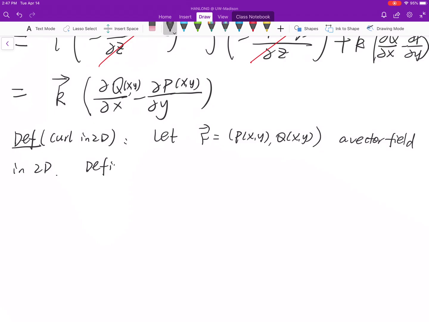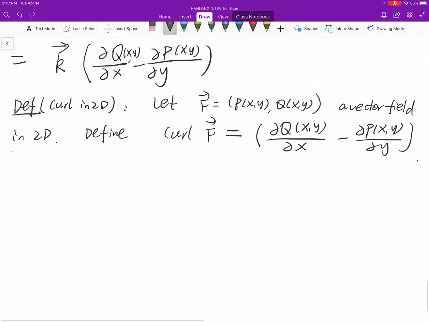Define curl F to be partial Q partial x minus partial P partial y.